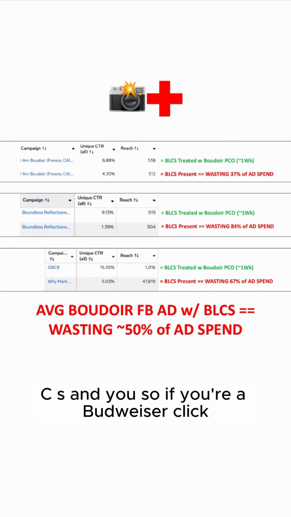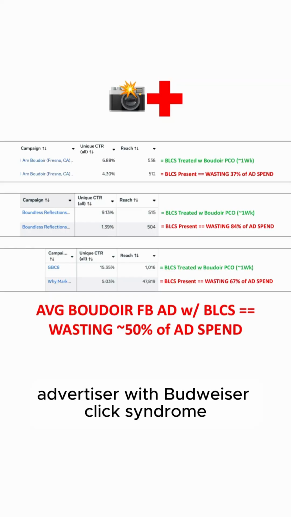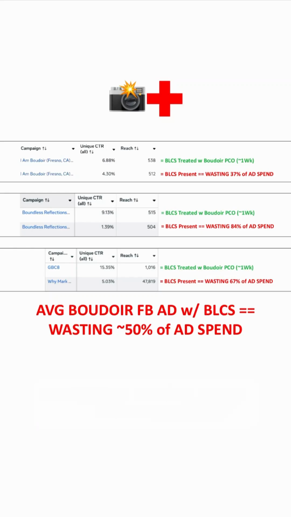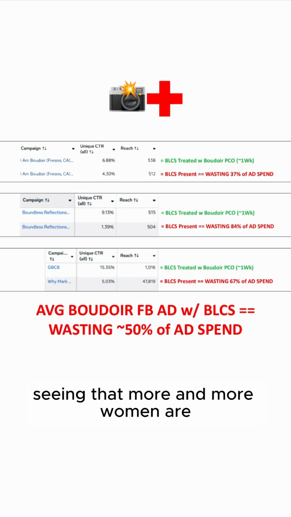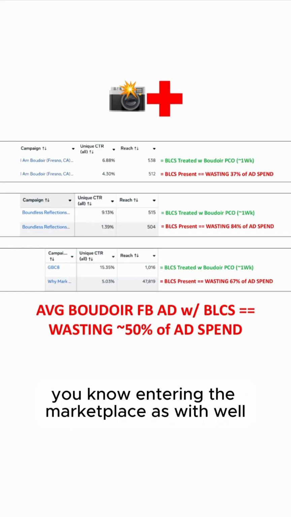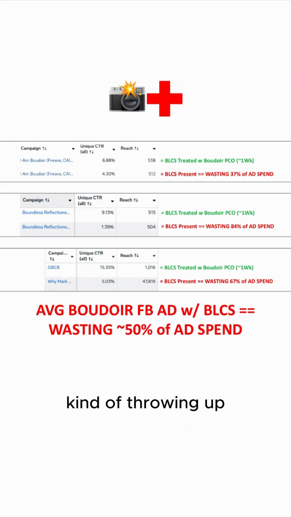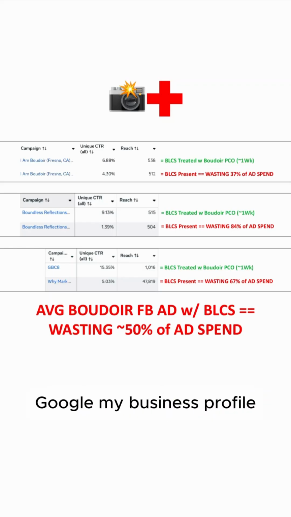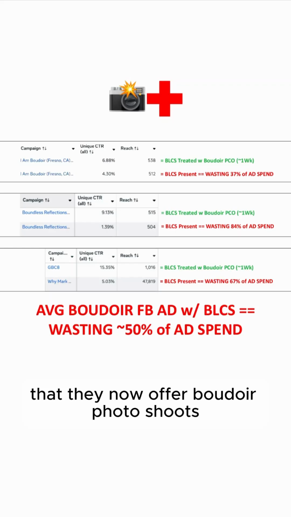So if you're a boudoir low click advertiser with boudoir low click syndrome, and you're spending more than 10 grand a month on boudoir Facebook ads, and you're looking at the marketplace seeing that more and more women are entering the marketplace as boudoir photographers every day. Seems like anytime someone gets a new iPhone, they're throwing up a Google My Business profile that they now offer boudoir photo shoots.